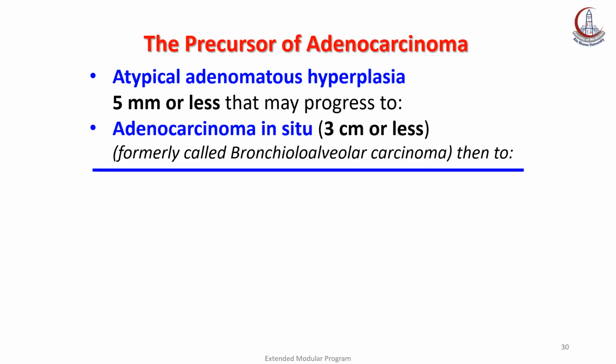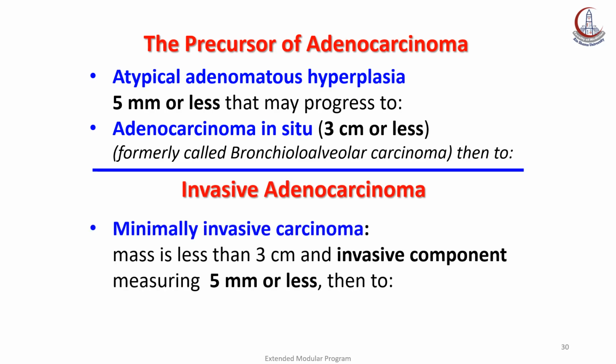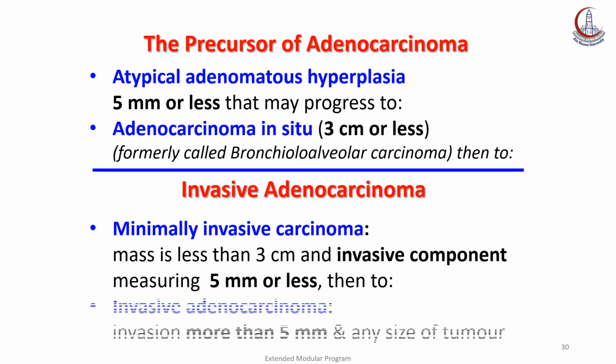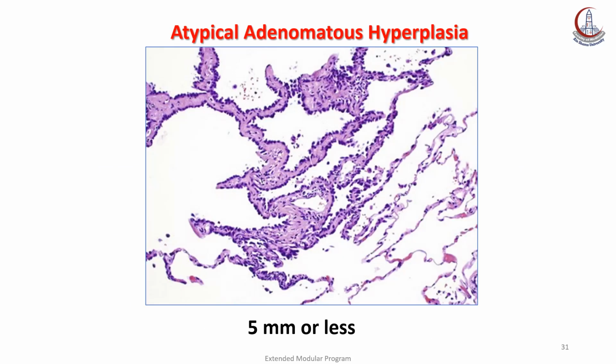This in situ progressed to invasive carcinoma, starting by minimally invasive carcinoma, usually less than 3 centimeter, and the invasive component about 5 millimeter or less, then progressed to major or pure invasive carcinoma with invasion more than 5 millimeter diameter and any size of tumor.